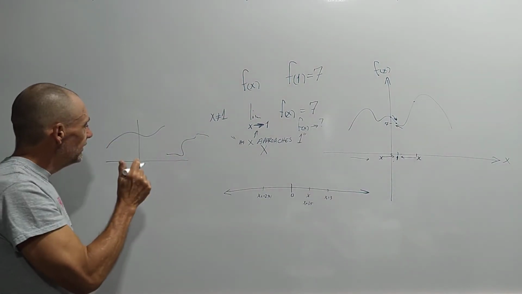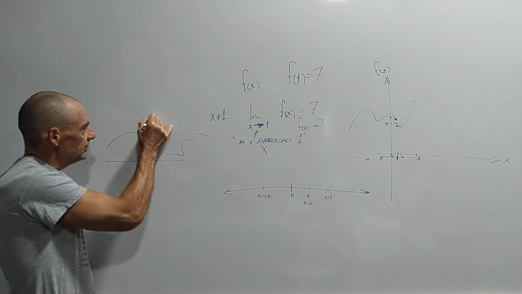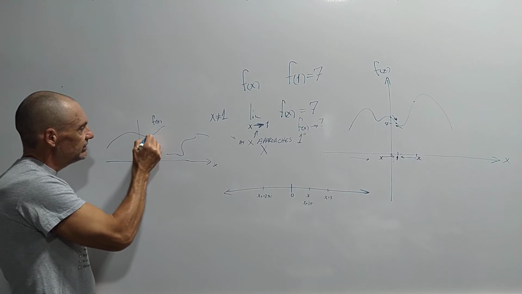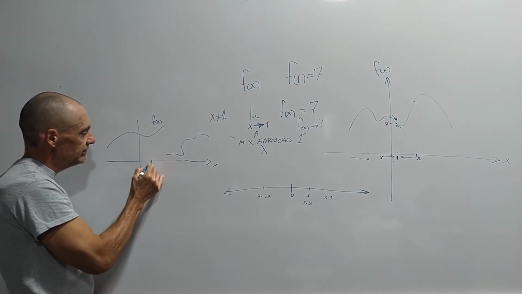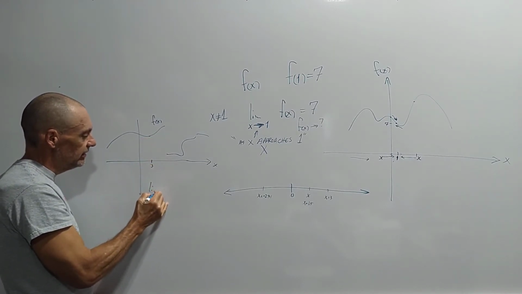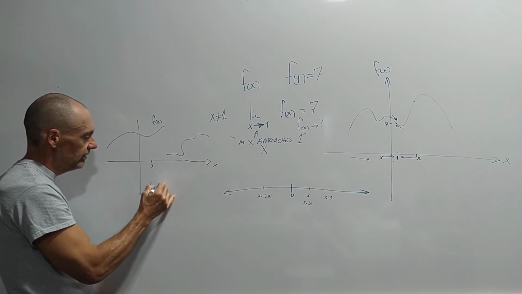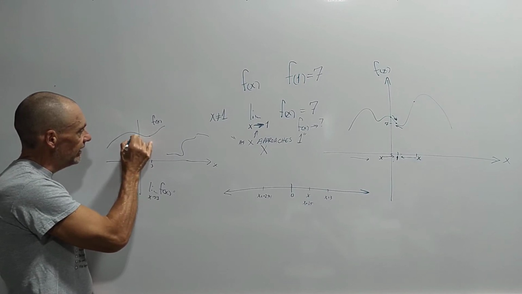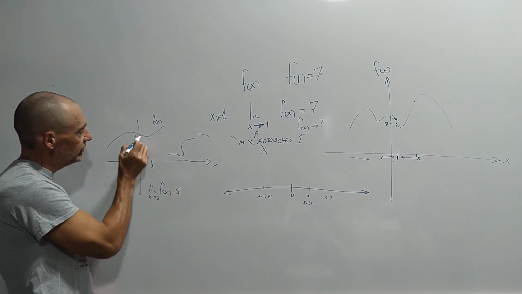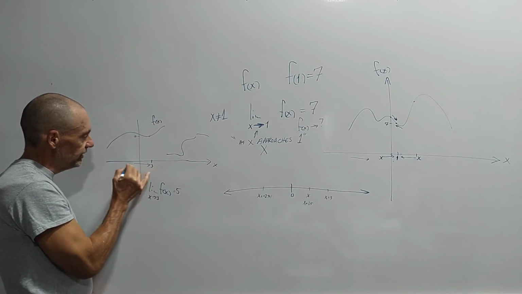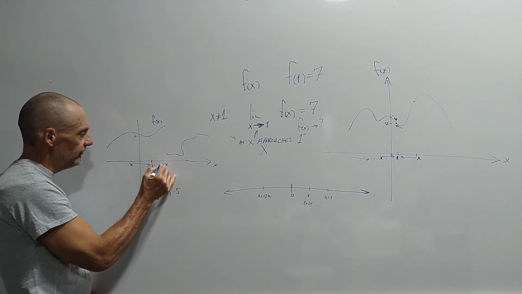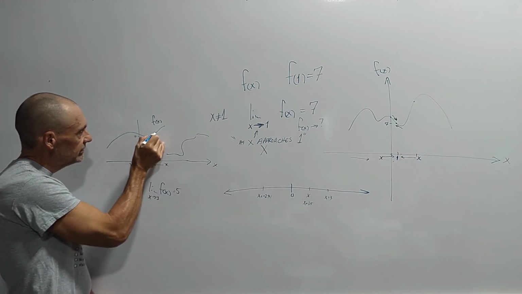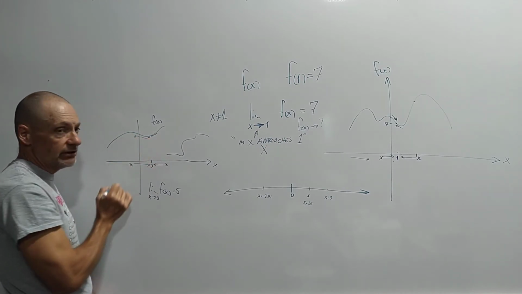If this is f of x, and we've got x down here, then let's say this point is 3, so the limit as x approaches 3 of f of x, let's say this is 5. This is going to be 5, because as x approaches 3 from the left or from the right, x is heading towards 3, f of x is heading towards 5 in either direction.